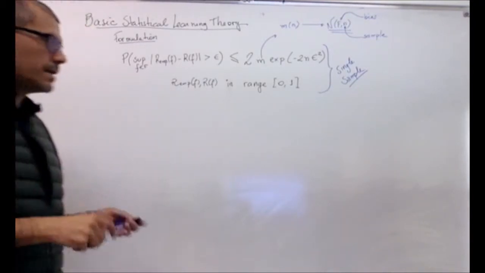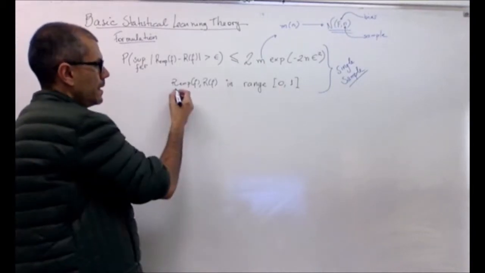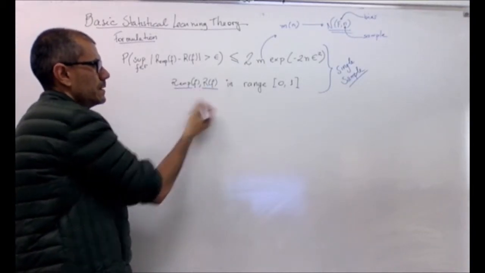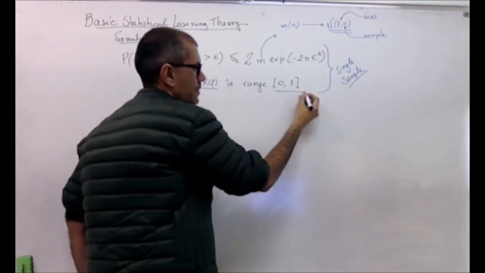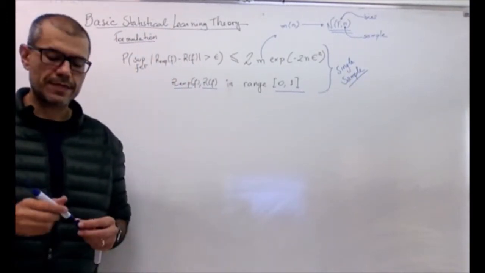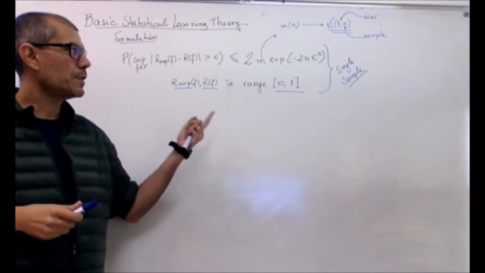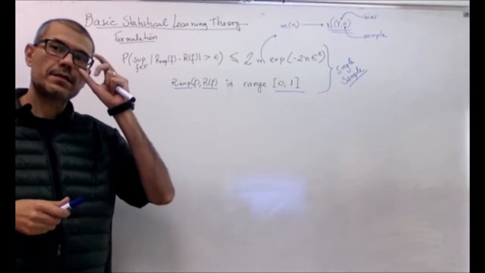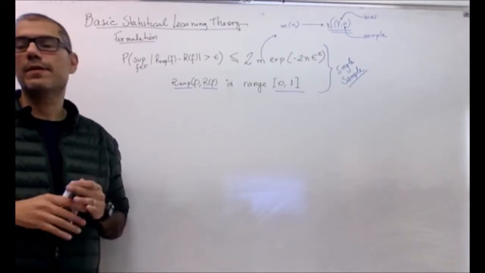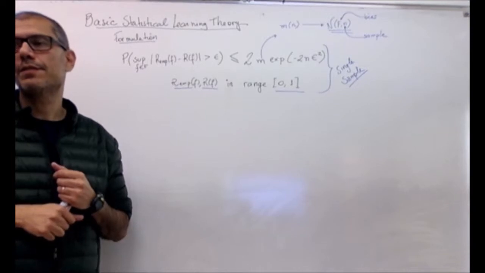Just to remember again, I said in the first lecture that all the risks must be in the range 0, 1. It's impossible to deal with risks outside that range with this formulation. We can adapt it to work with a different range. It's possible, it's not difficult.